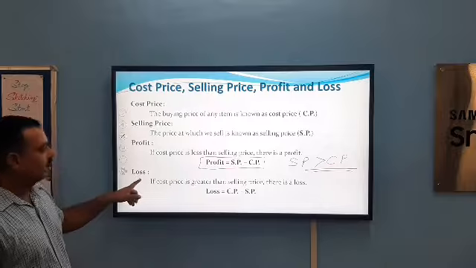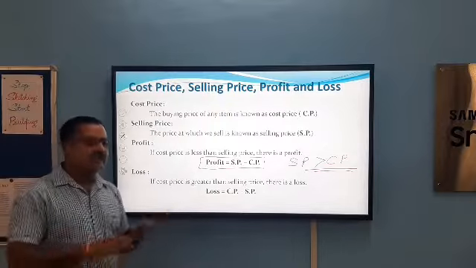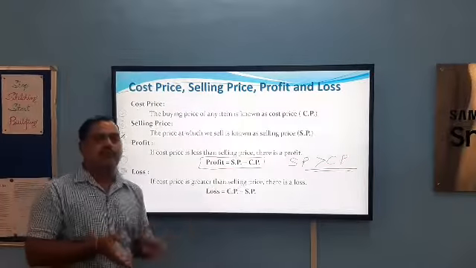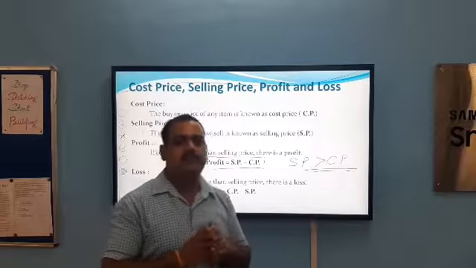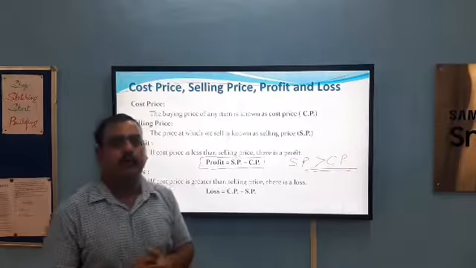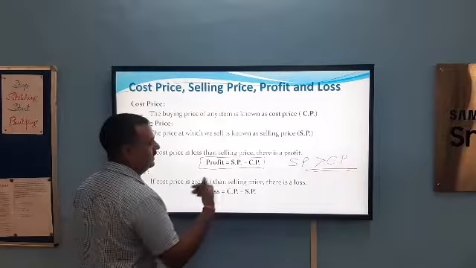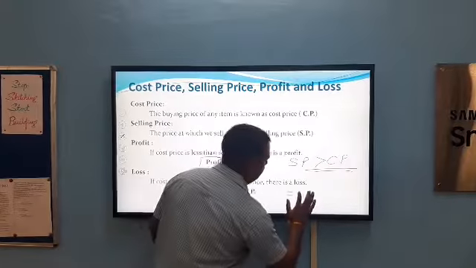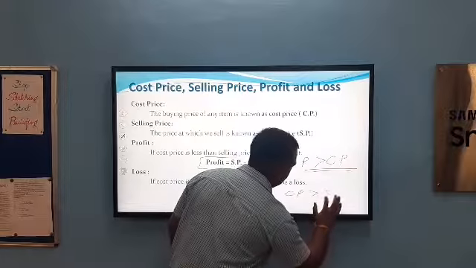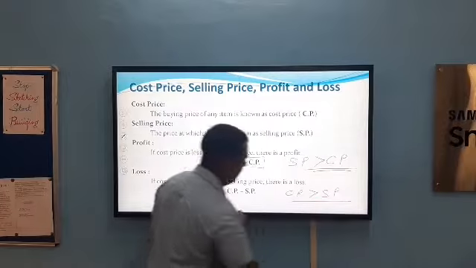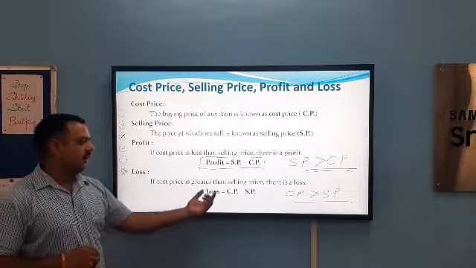Now what is loss? If cost price is greater than the selling price, suppose we purchase an item for rupees 50 and we sell it for rupees 40 or 35 whatsoever. So if the cost price is more than selling price, then loss occurs.